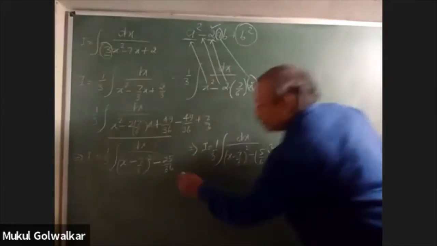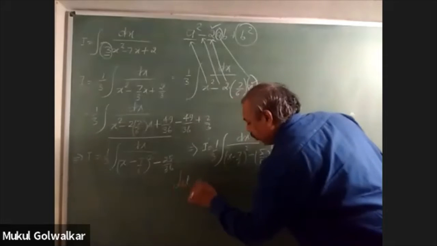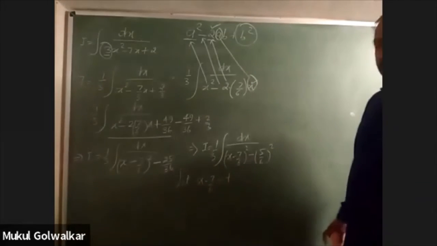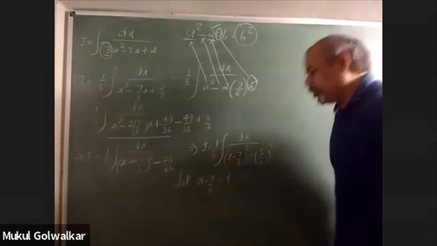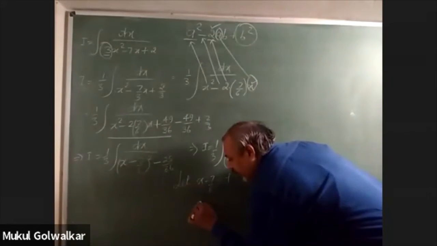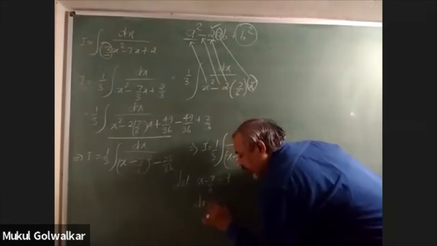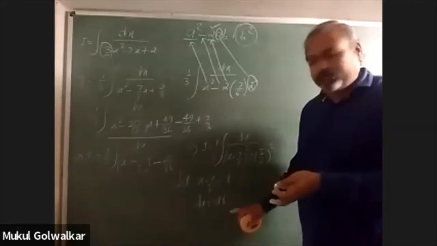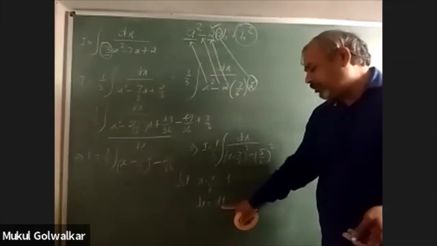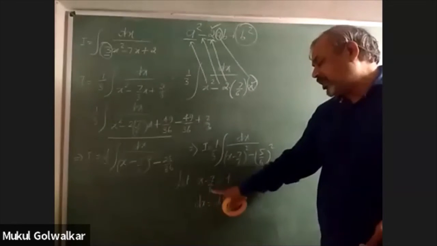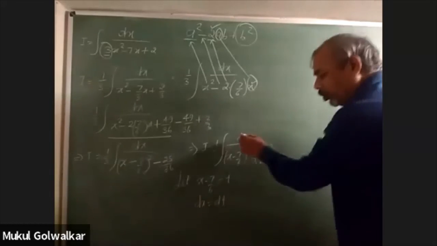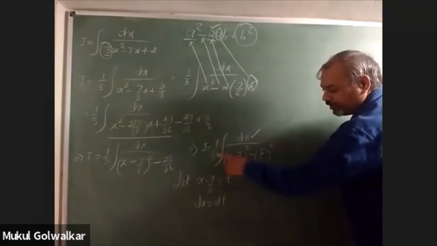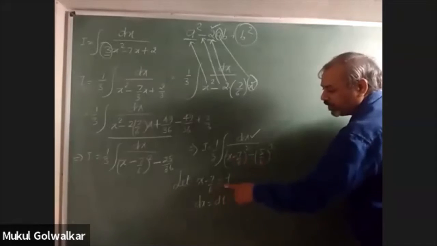Here I will substitute x minus 7 by 6 equal to t. After substitution, we differentiate and write dx is equal to dt. I think you don't have any problem understanding how I differentiated. So dx will be equal to dt, and x minus 7 by 6 will be equal to t. Now we are going to replace dx by dt and x minus 7 by 6 by t.